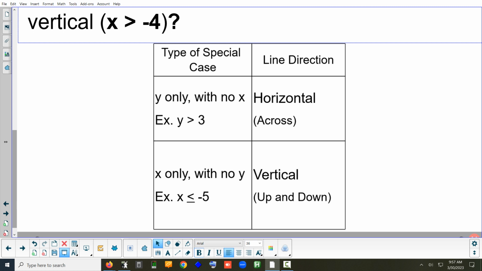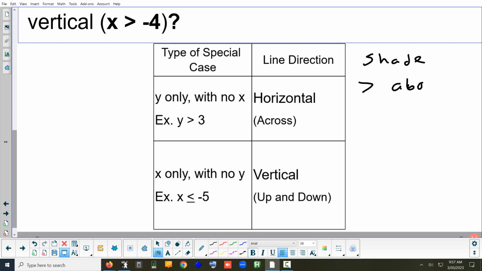All right. Just remember, the only thing that's a little different is the shading. And I think I wrote this yesterday, or Tuesday I wrote it. If you have a greater than, that's above. And if you have a less than, it's below. But what about when it's vertical?